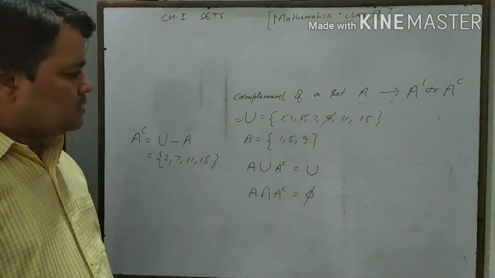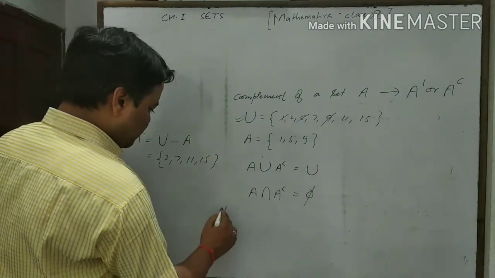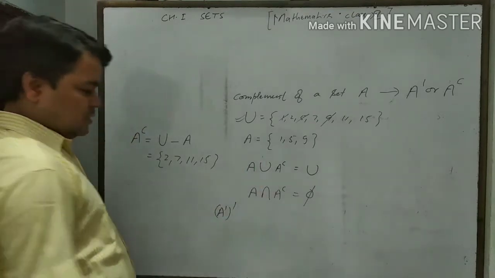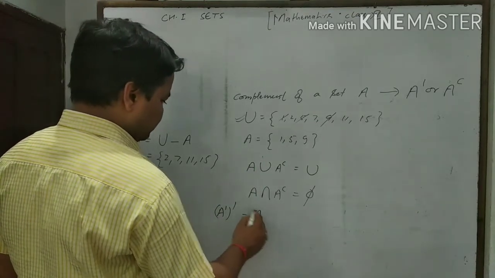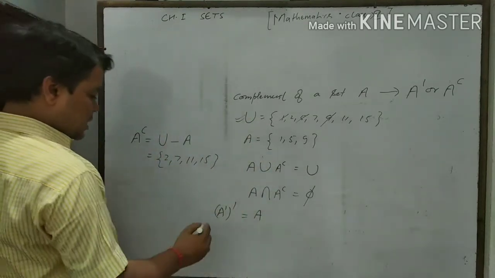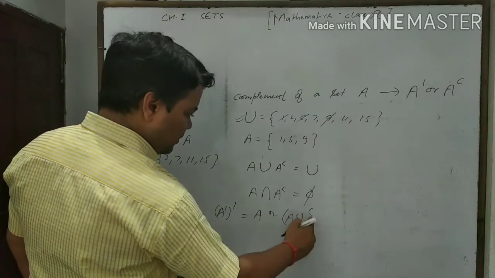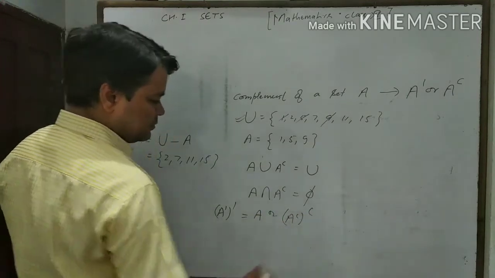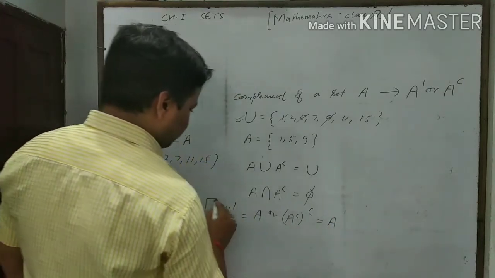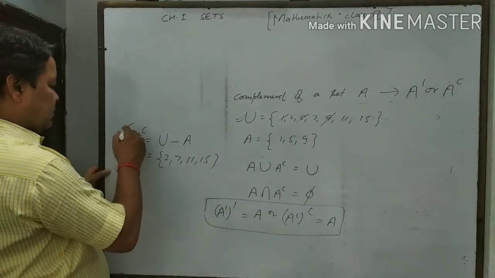Now the question is, the complement of the complement set is what? That is A. How? Just like here AC, or we can write the complement of this complement set is what? We have to prove it is just A. How can we prove it? Look here. This is the complement set.